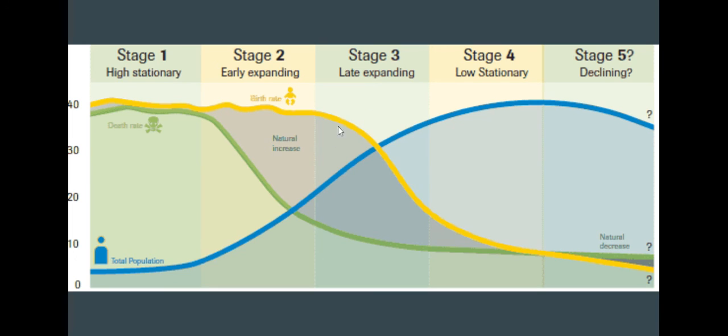Many of your South American countries are in stage 3. Stage 2 would be your Central American and African countries, countries that are experiencing a big boom in populations right now. And stage 1 would be 0 countries, because there really isn't a country in the world that still has a significant amount of babies being born and also a lot of deaths.